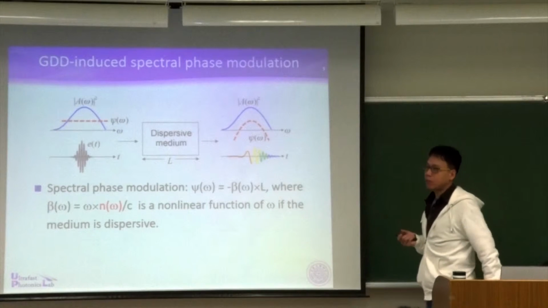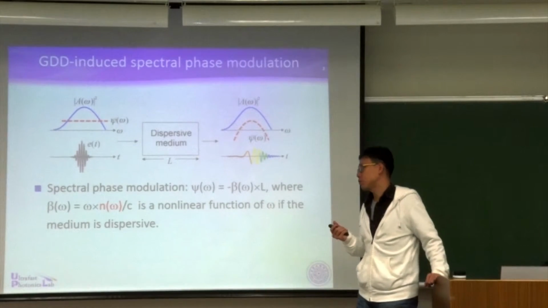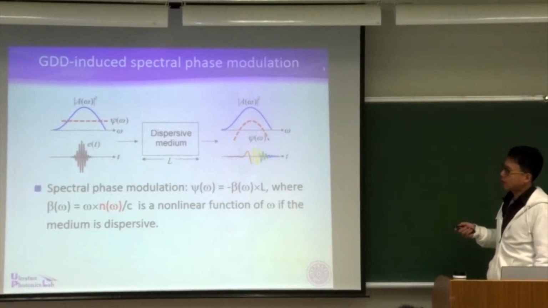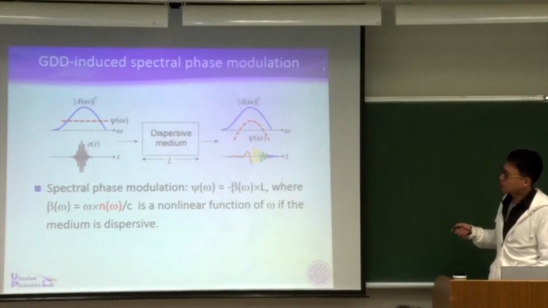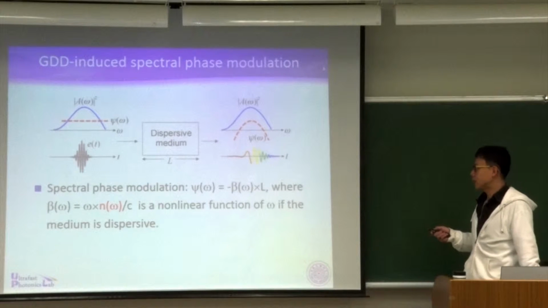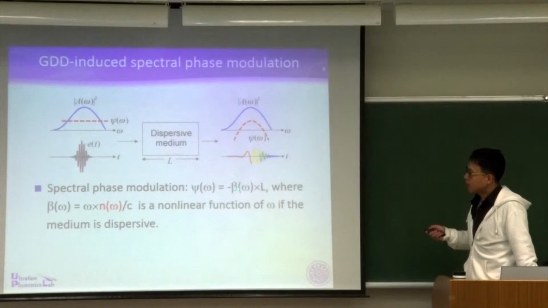So the picture is about qualitative description. How about quantitative analysis? This is the only formula we need. The corresponding spectral phase modulation, designated by psi of omega, equals minus beta of omega times L. L is the thickness of the medium.